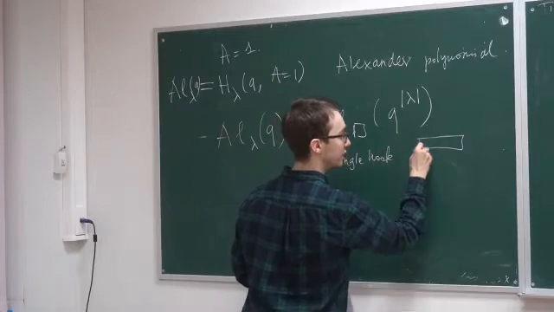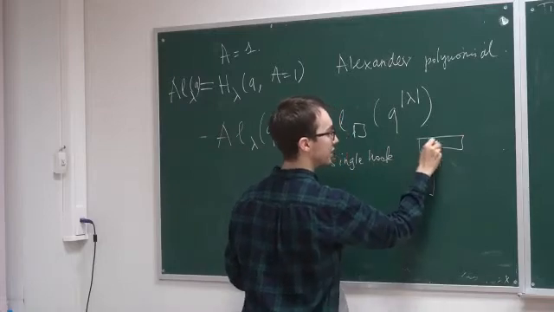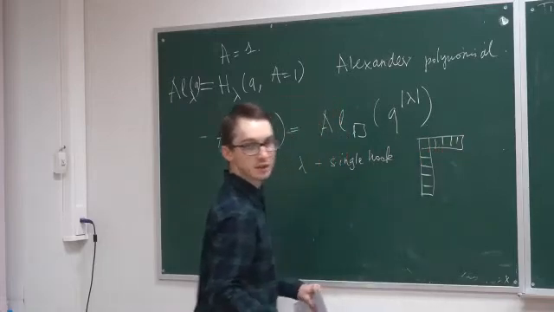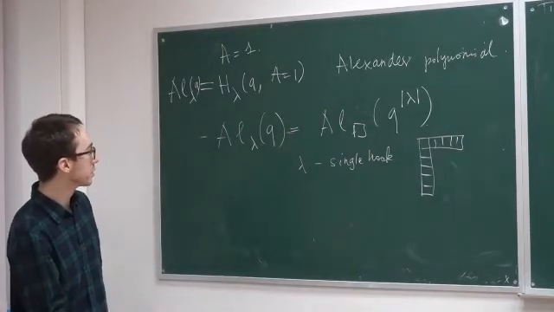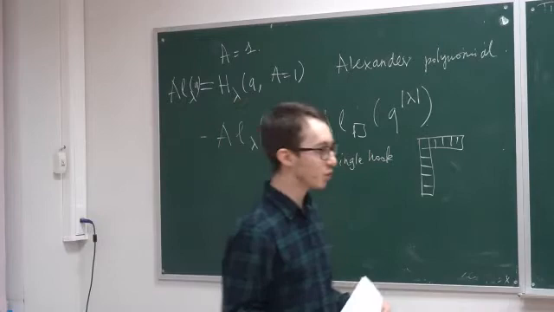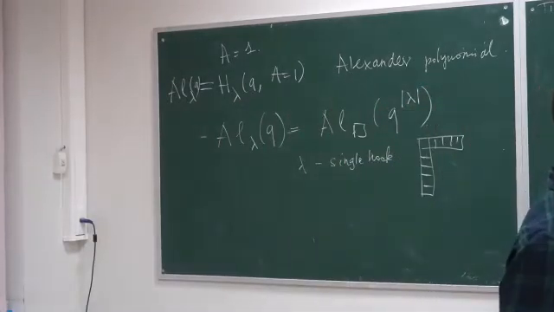So if the representation has just a single hook, then this is true. And it gets dramatically more difficult when it has more than one hook.